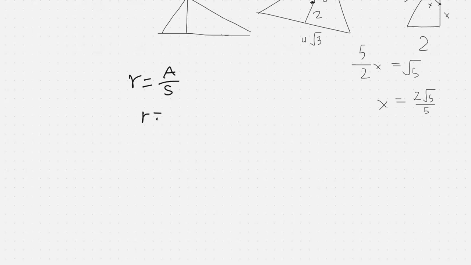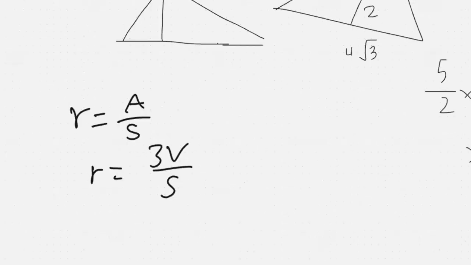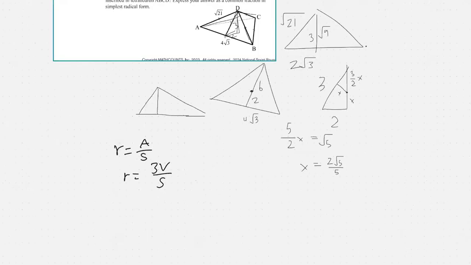So you could just use that. The area of the base is 4 root 3 squared times root 3 over 4, and that's 12 root 3, I think.